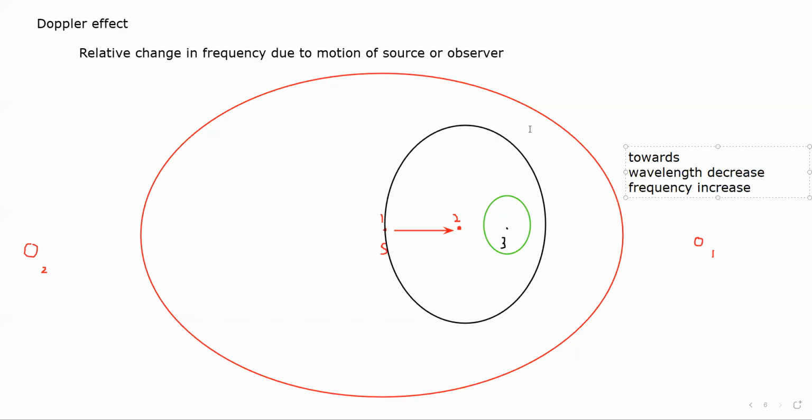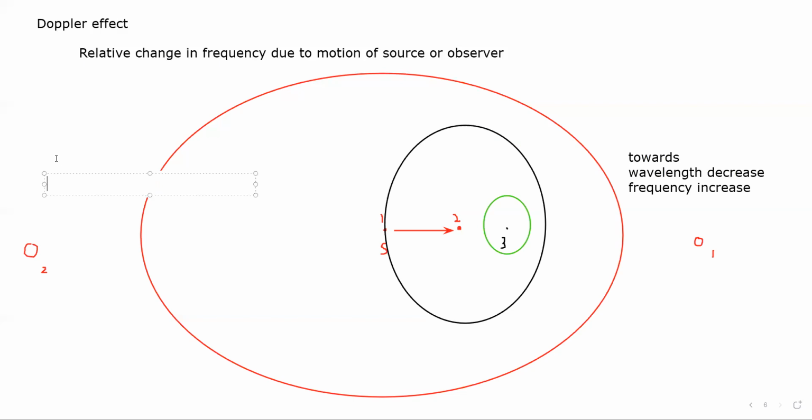So this relative change is actually not a real change, but because of the relative motion of a source, or it can be the observer, or even both are moving towards each other, or both moving away from each other, this relative change in frequency due to the motion of source and observer is simply known as the Doppler effect.